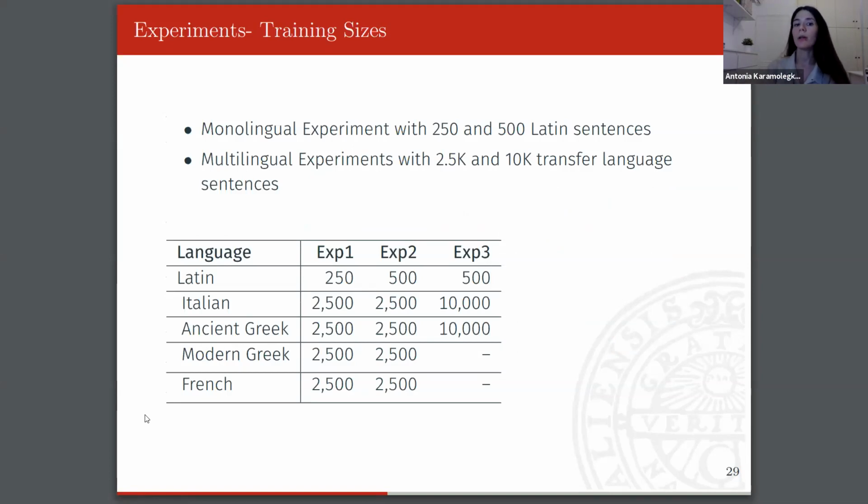And then we also increase our target language from 250 to 500 using 2,500 transfer sentences. And then we increase the transfer sentences from 2,500 to 10,000. And in this third experiment, where we increase the transfer language sentences, we could not include Modern Greek and French due to lack of data.